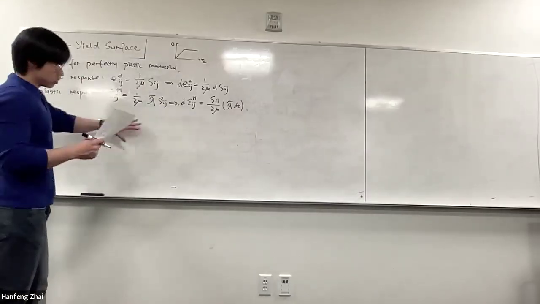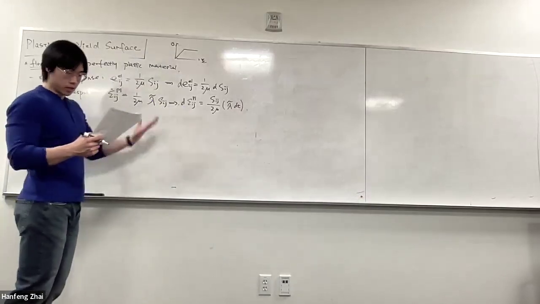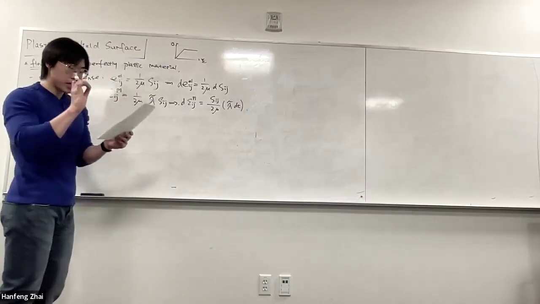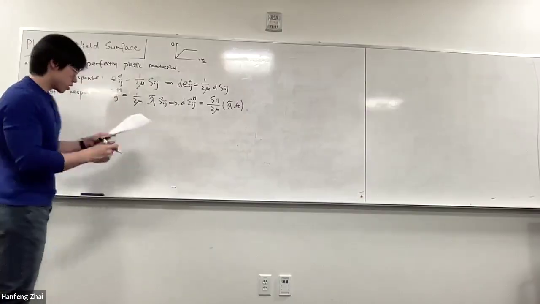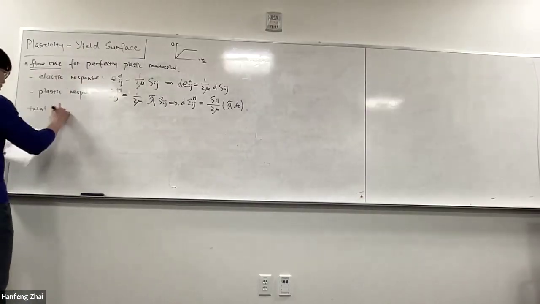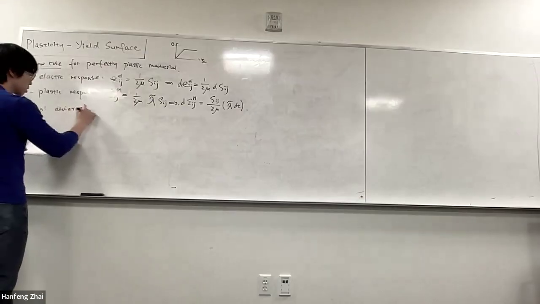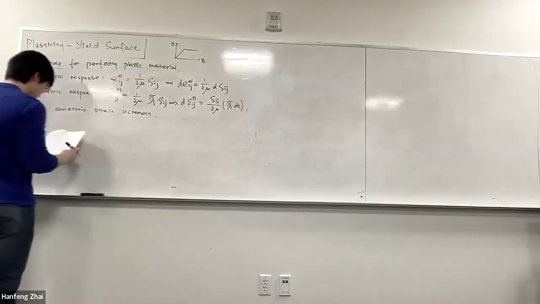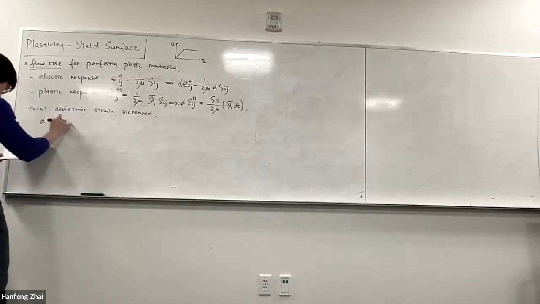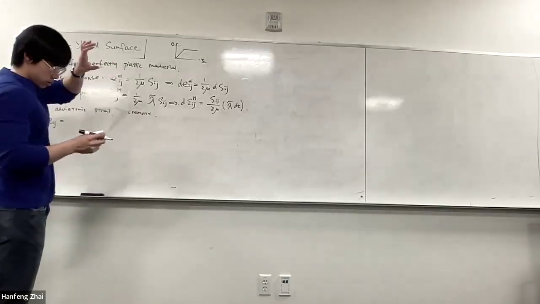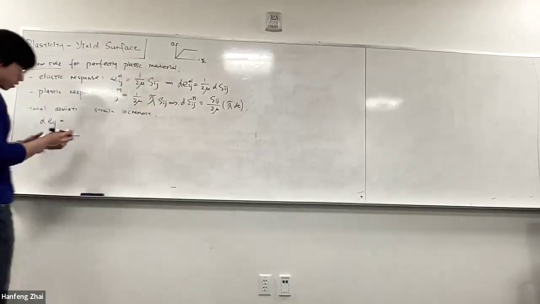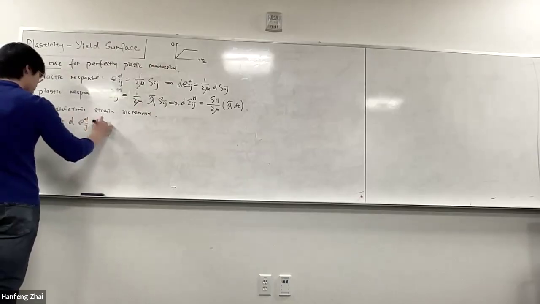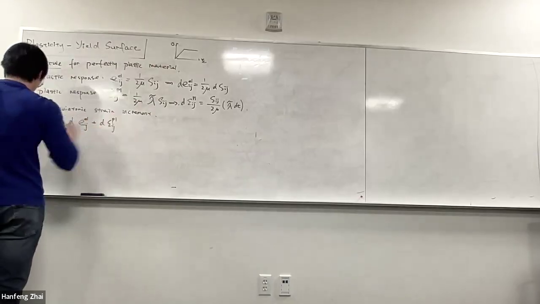And by combining the plastic and elastic increment, if we make a step forward, the total deviatoric strain increment would be de_ij equals the elastic part plus the plastic part: de_ij elastic plus d epsilon_ij plastic.